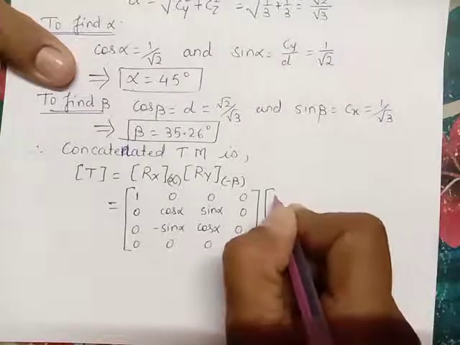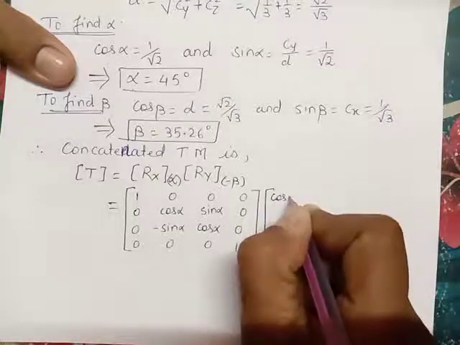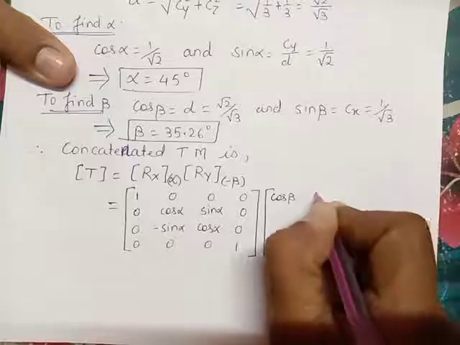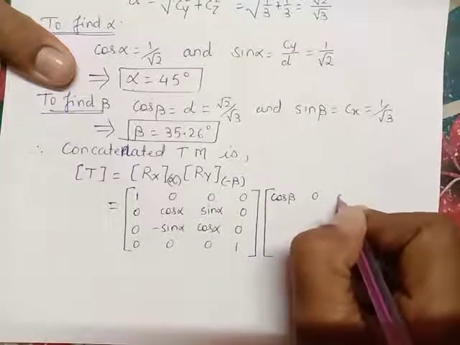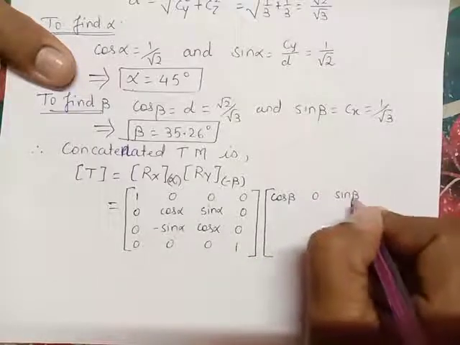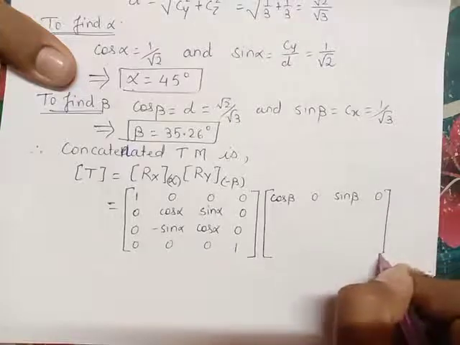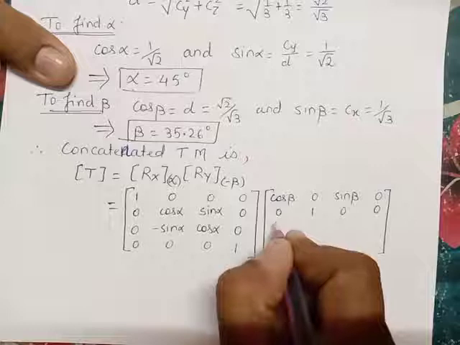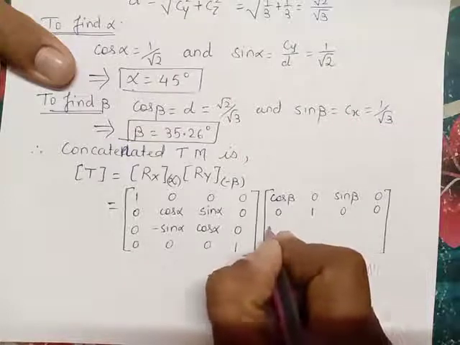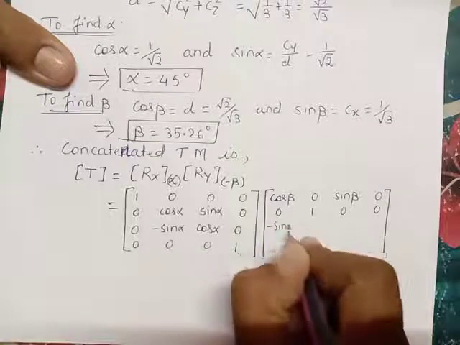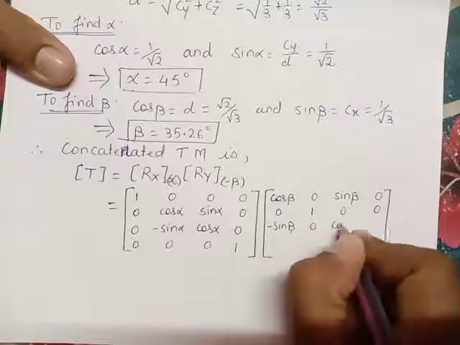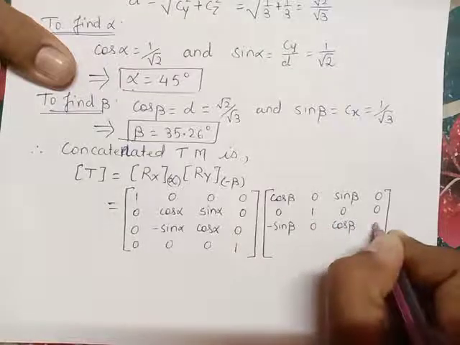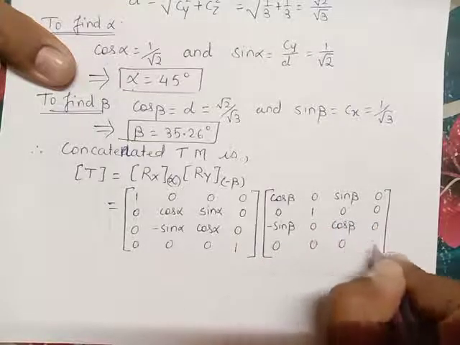Here cos of minus beta, so it will become cos beta, 0 minus sin of minus beta, so sin of beta, 0, right? 0 1 0 0. Then next here sin of minus beta, so minus sin beta, 0 cos of beta, 0 0 0 0 1.